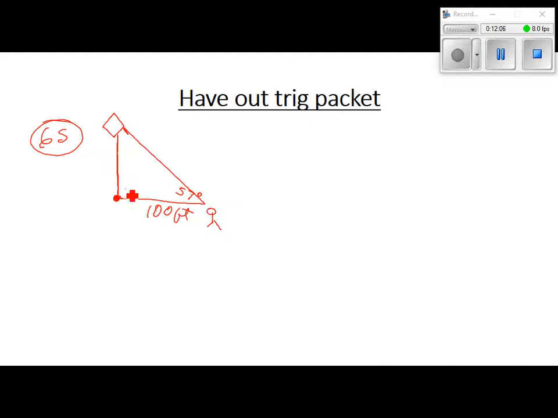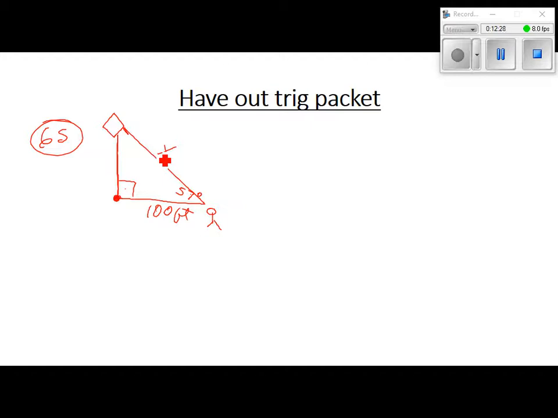What do we know about this angle right here? The right angle. What are we looking for? The length of the string. Where's that at? The hypotenuse of this, so that's going to be our x this time.